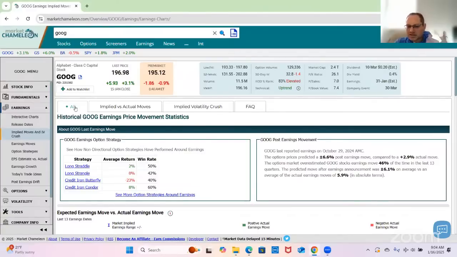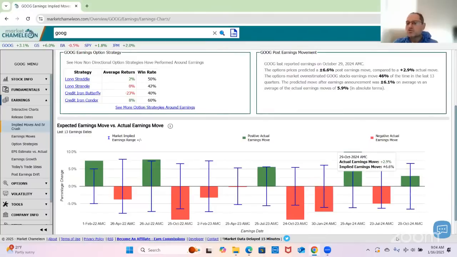The first page is kind of a summary page, and then this tab compares the historical implied moves based on the option prices right before earnings and compares that to the actual stock move the next day if we measure it from close to close.